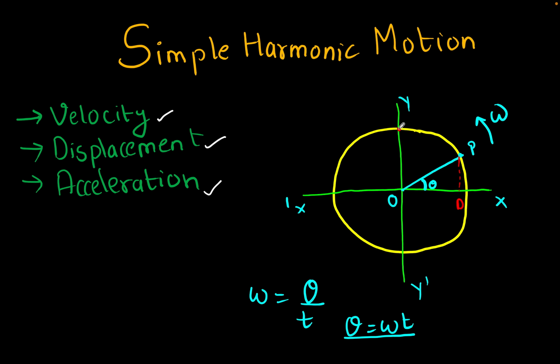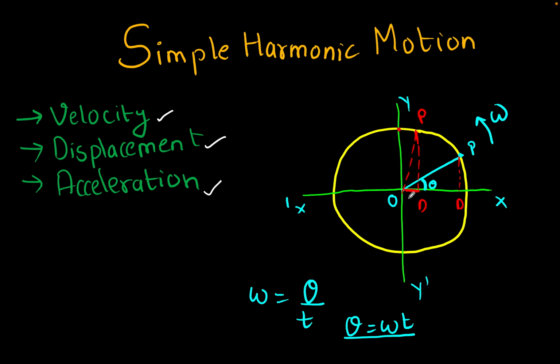As the angle becomes 90 degrees, the projection of the line OP keeps on decreasing. If you want to see it visually, let's say after a certain interval the line OP gets up till here. That is our line OP, and if you project it on x dash, then we'll have OD here, right?